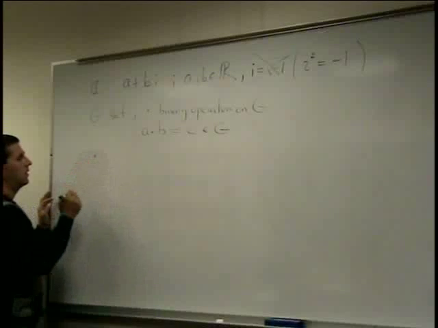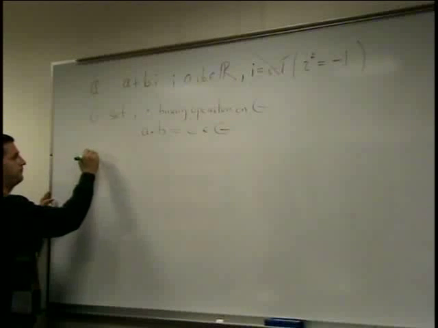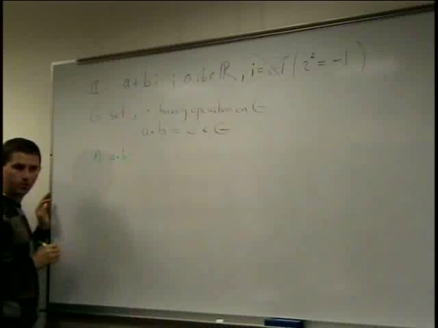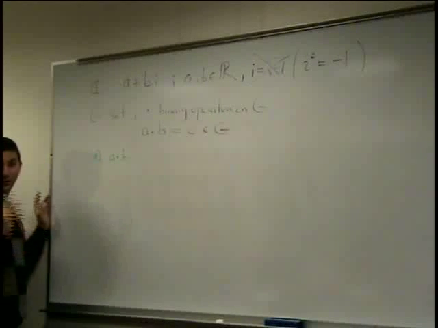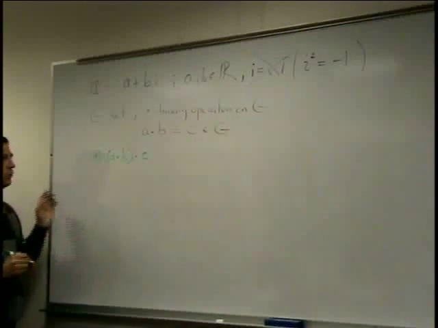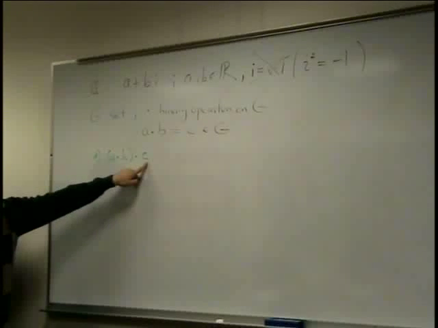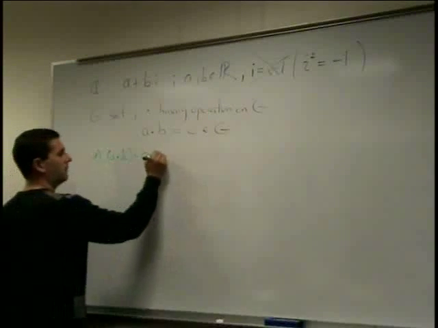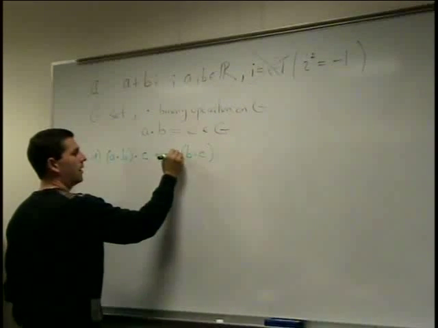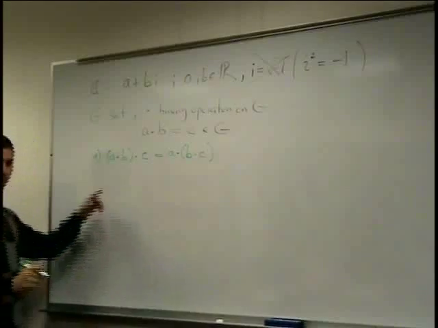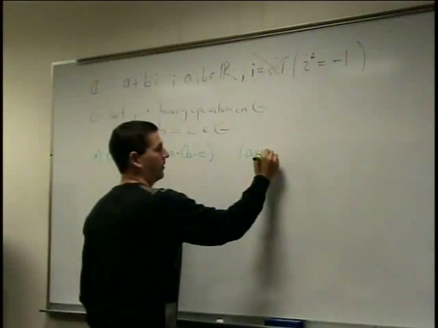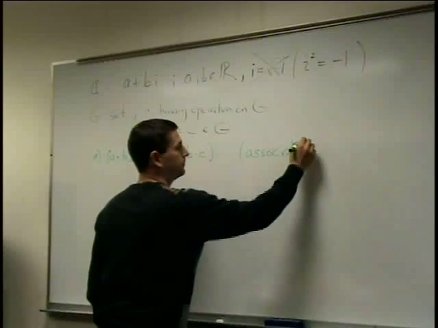Let's assume that first, if I take two of these elements and multiply them, and then multiply by another element of the set, that this gives me the same thing as if I first multiplied the second two together and then multiplied with the first. And this is called, of course, associativity.